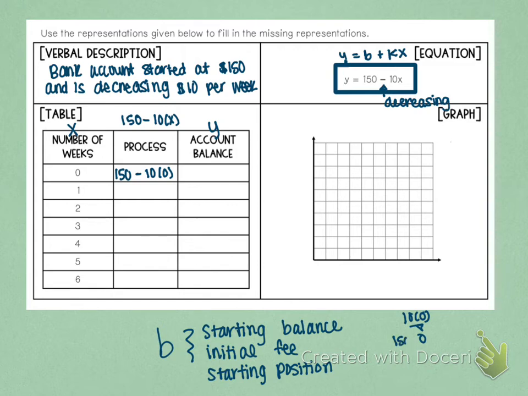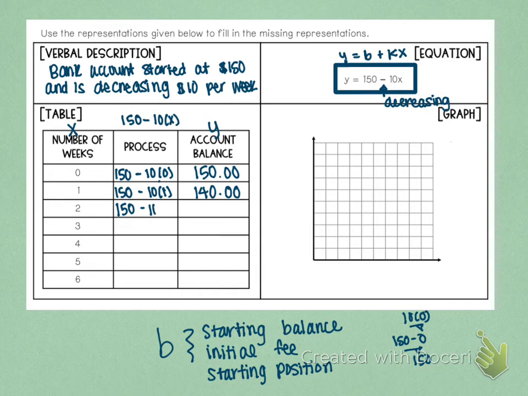And then 150 minus 0, which is 150, just so you can see the process right there. So then we plug in again. 150 minus 10 times 1. Okay, so 10 times 1 is 10. And then 150 minus 10 is 140.